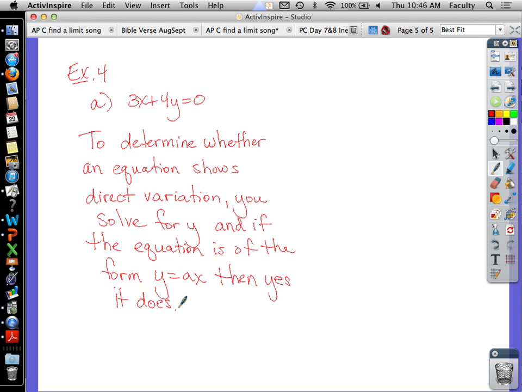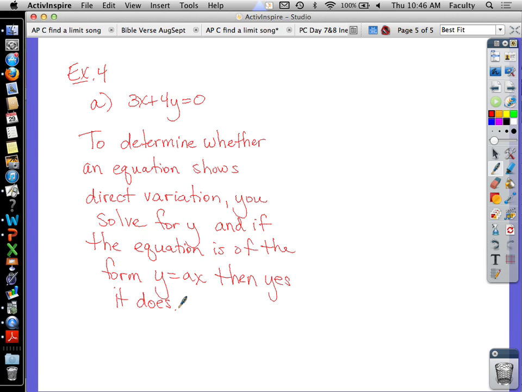But if it's of any other form, it does not. So again, to determine whether an equation shows direct variation, you solve for y. And if the equation is of the form y equals ax, then yes, it does.